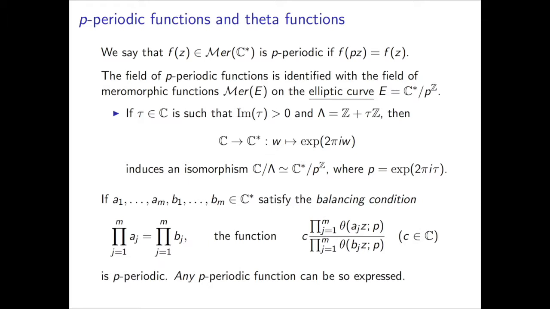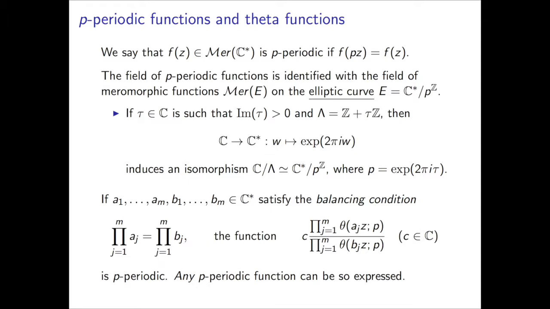Now, one of the reasons why I wanted to tell you about theta functions first is that because of the functional relation that they satisfy, the theta functions themselves are not p-periodic, but any quotient like this will be p-periodic. Not always, but you do need these coefficients modifying the theta functions to satisfy the so-called balancing condition.